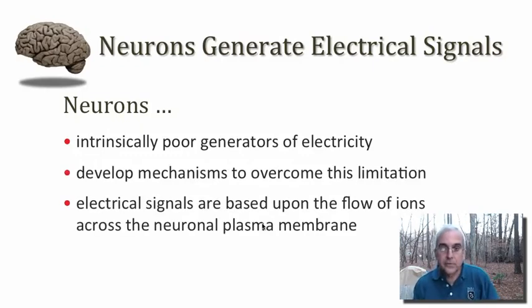Those mechanisms involve the generation of electrical signals through the flow of ions across the neuronal plasma membrane. So much of what we're going to be discussing in this unit of the course has to do with understanding how ions move across the neuronal plasma membrane.